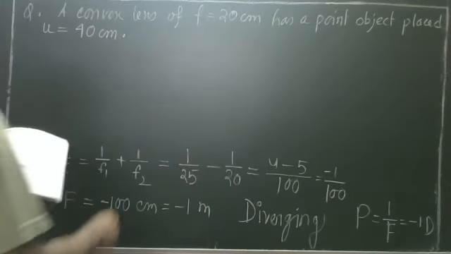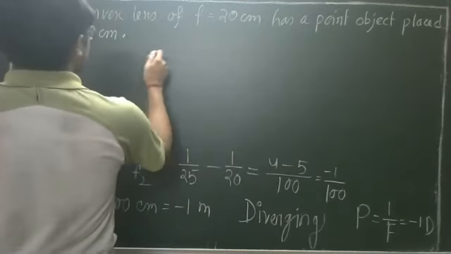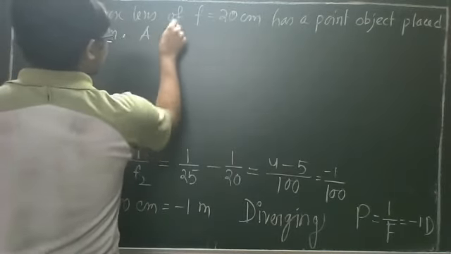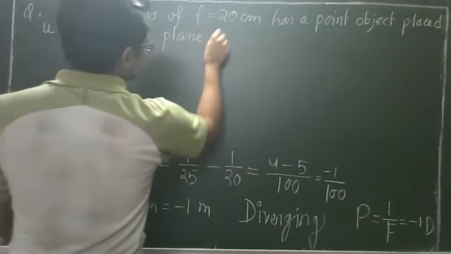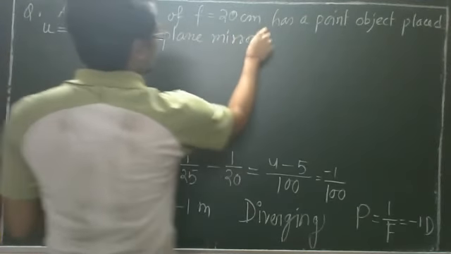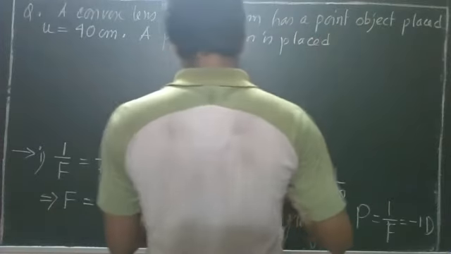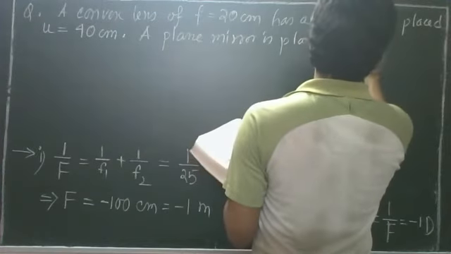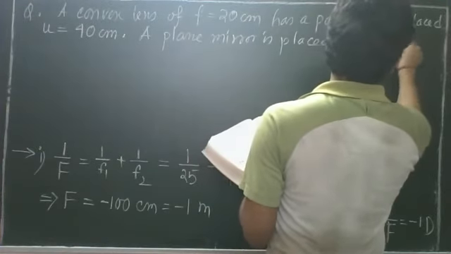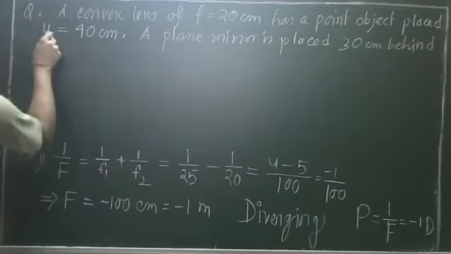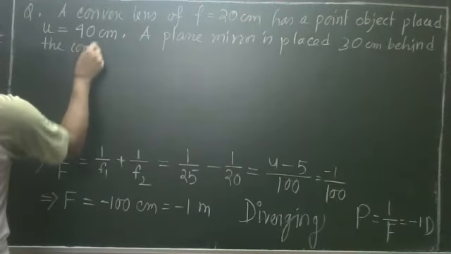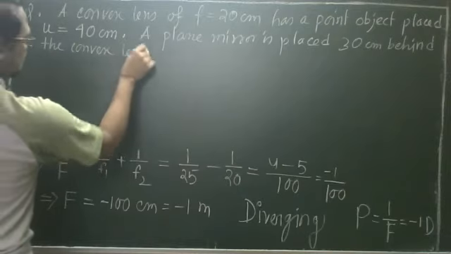A plane mirror is placed 30 centimeter behind the convex lens.